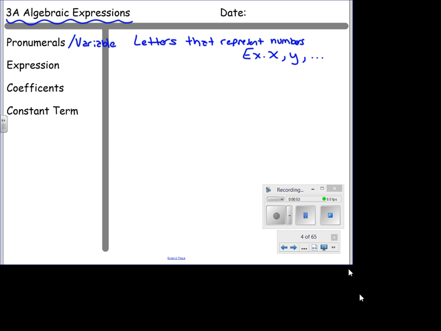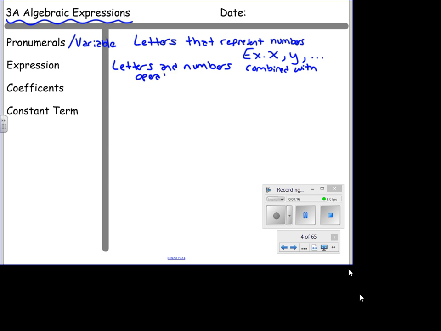So we might see X, Y, pretty much any letter that you want can represent a number. When you start to put together numbers and letters, you get expressions. So an expression is letters and numbers combined with operations.